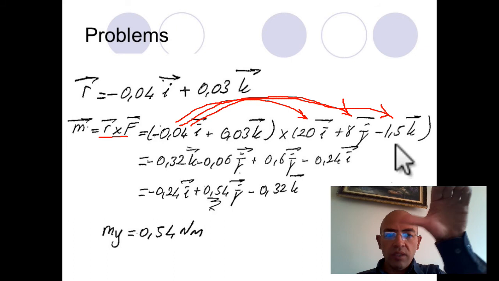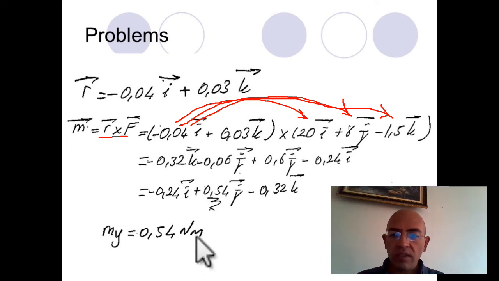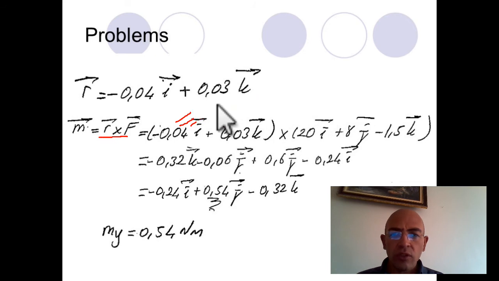My thumb will show me the negative y direction. As a result, it is minus 0.6 j vector. Now we are done with the first term in the position vector.